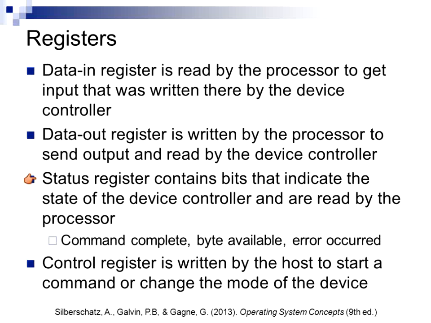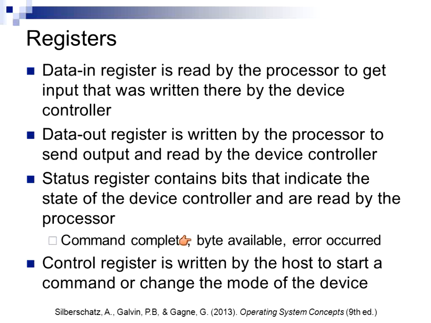Then there's a status register that contains bits that indicate the state of the device controller. And so the CPU actually checks the status register to see if the commands are complete, like if it said, do a write or do a read. It checks this status register to see if that command was completed.